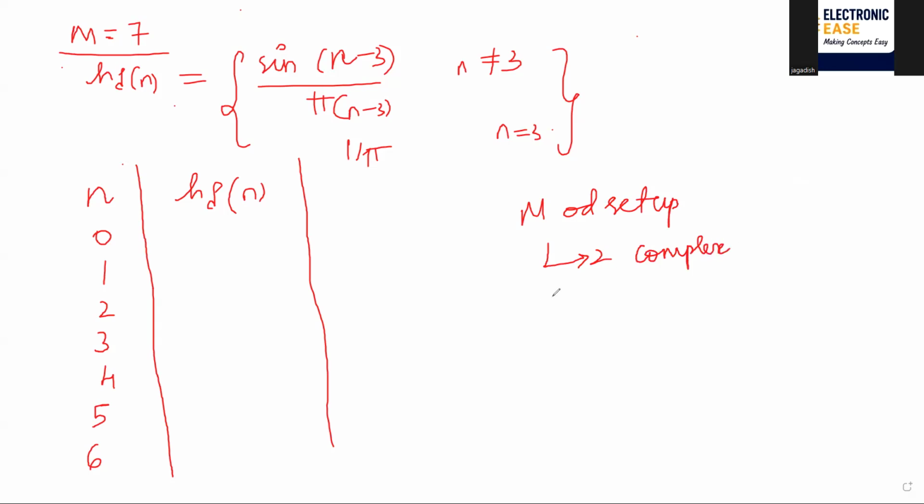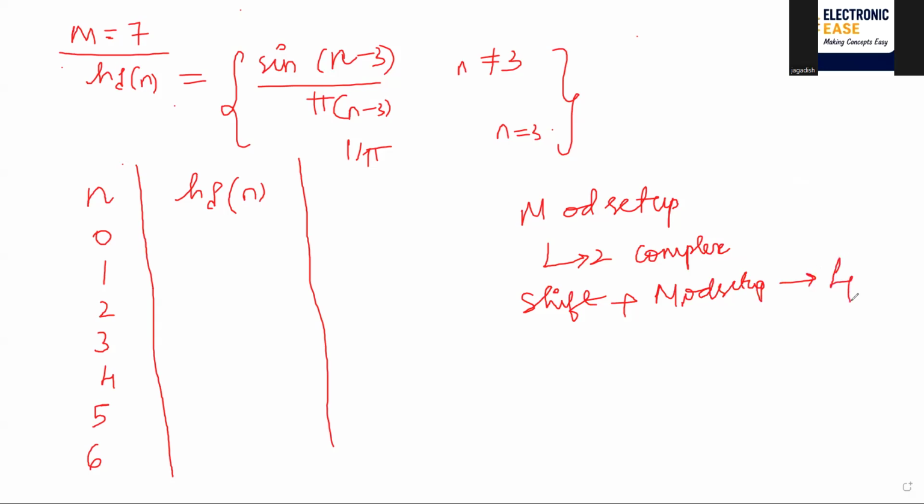After that, you should press shift plus mode setup and click for radians.